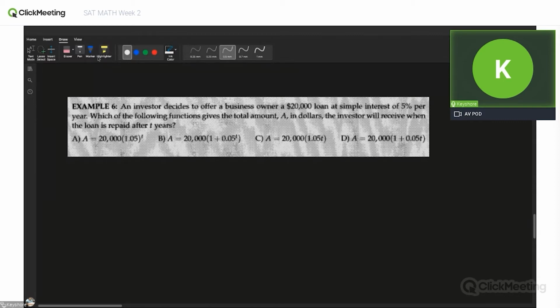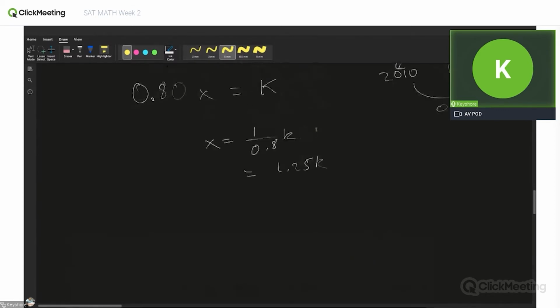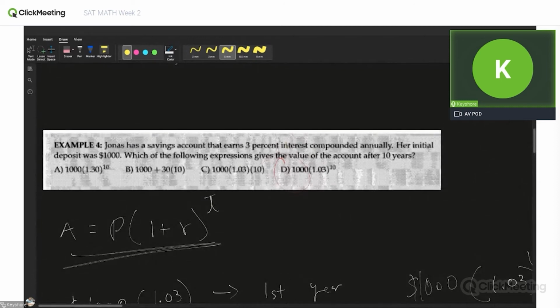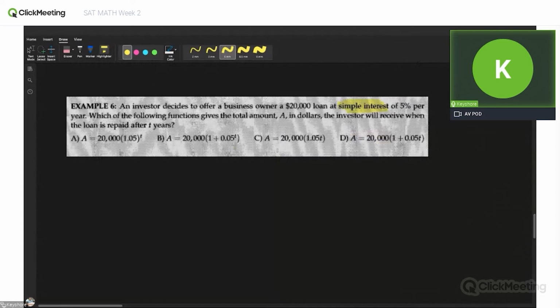So I'll just highlight this: simple interest. This is not compound interest. Like we did here, this is compound interest. Here we're doing simple interest. So that's a key difference. I'll leave you guys some time to work on it.